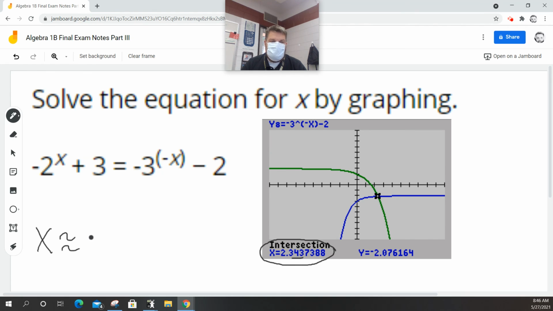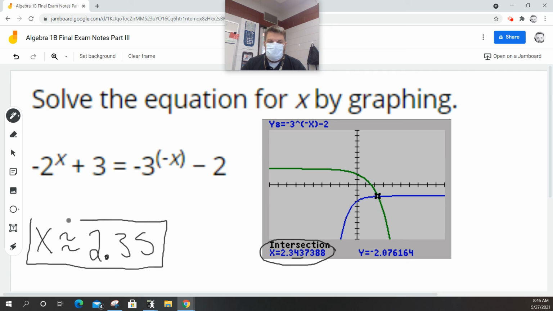But the actual answer that they have on your online homework says 2.35. That's not exactly right, but whatever. That's the answer in the homework. It really depends on what system they use to graph.